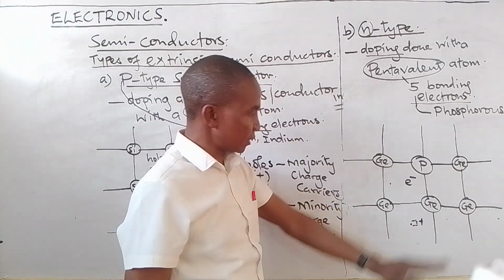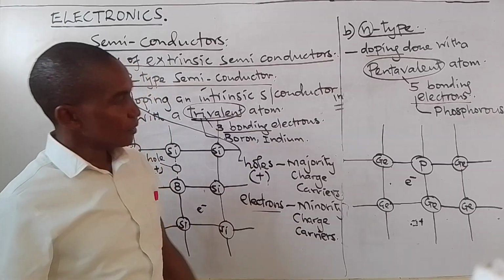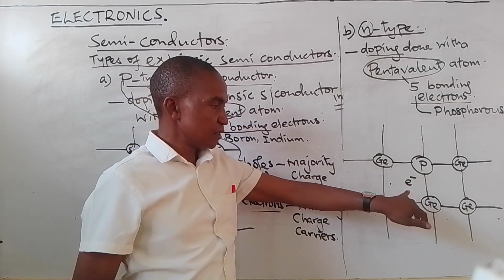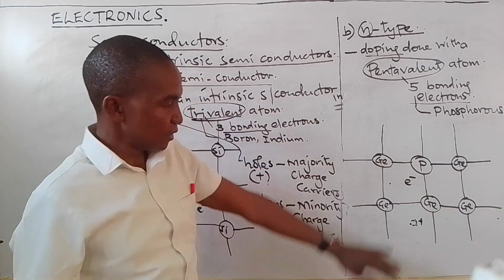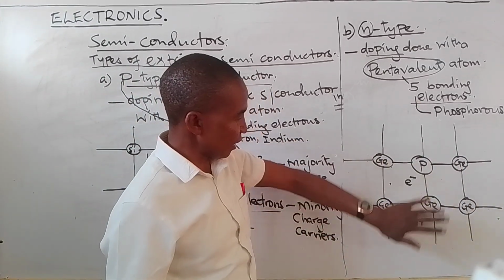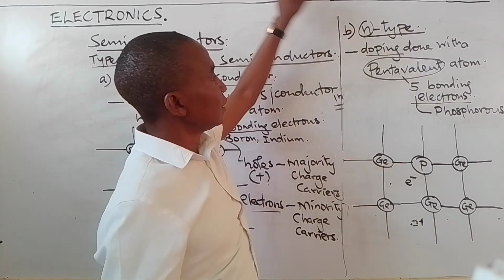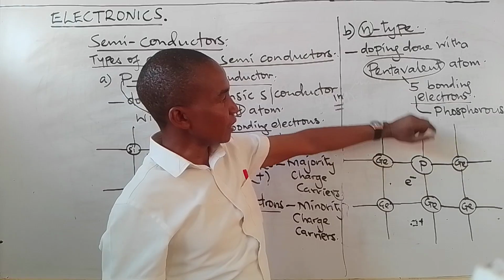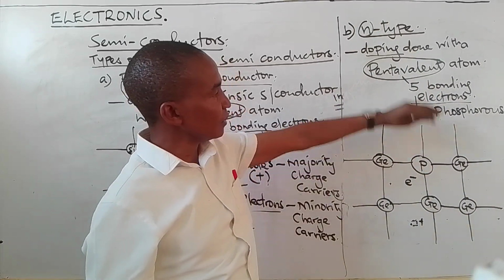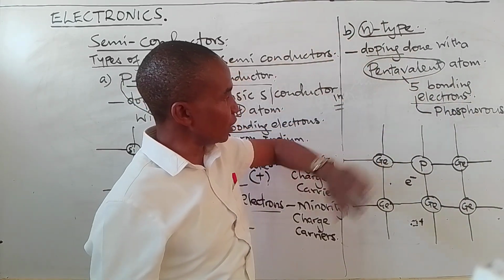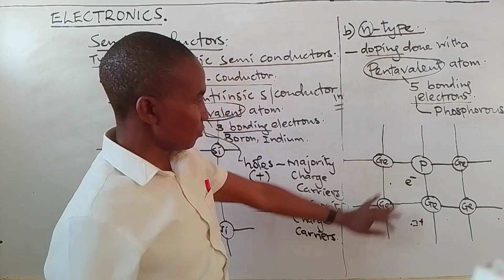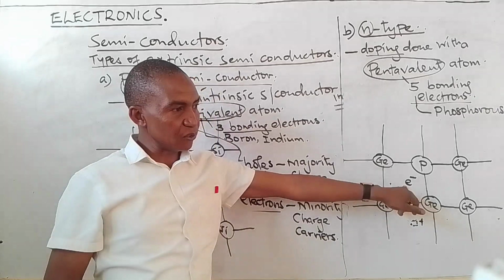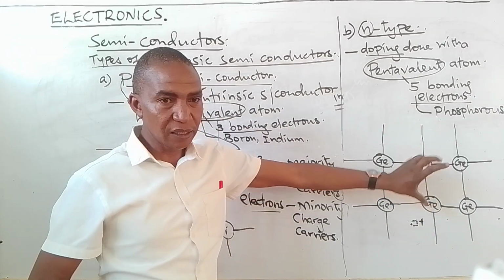These are the minority charge carriers. So the electrons in an N-type are the majority charge carriers, and thermally generated holes are the minority charge carriers. The pentavalent atom can be phosphorus, and it bonds with the 4 neighboring atoms, and the extra electron is given up or donated for conduction.